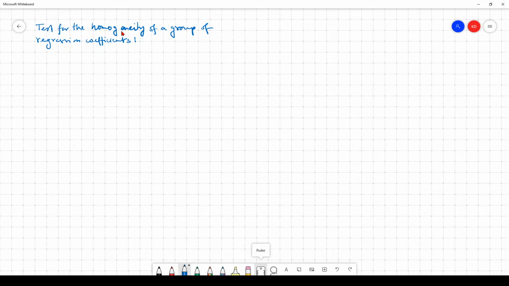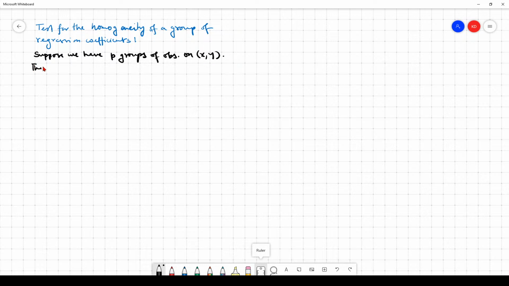So suppose we have p groups of observations on x comma y.